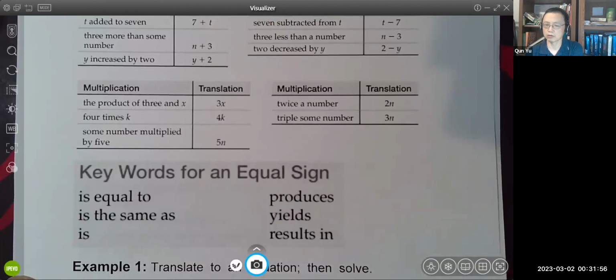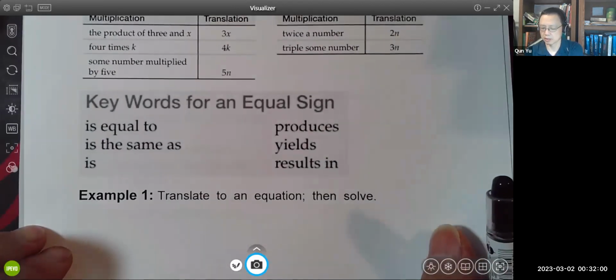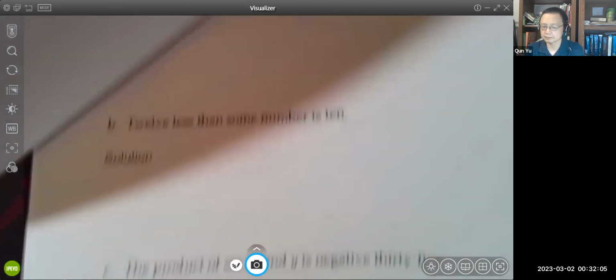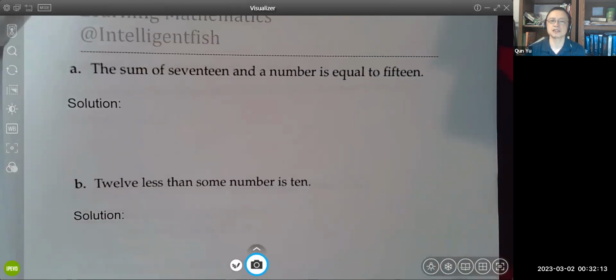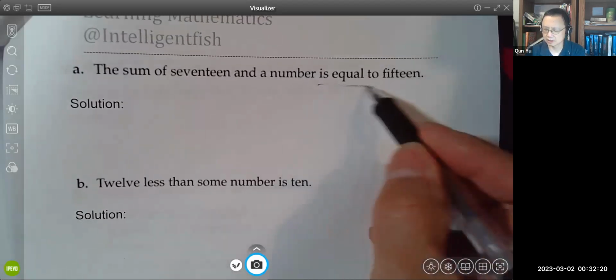Now let's look at our first example. Translate to an equation, then solve. So let's look at the first one. The sum of 17 and the number is equal to 15. So this is our equal sign.